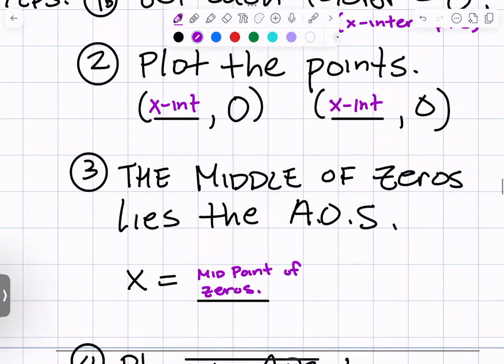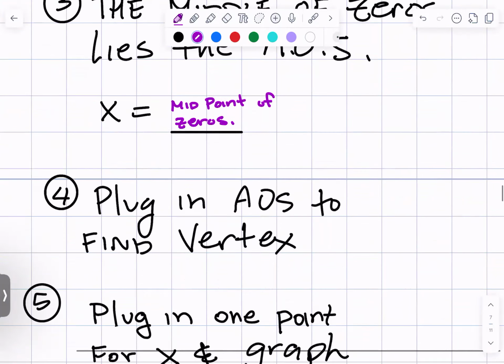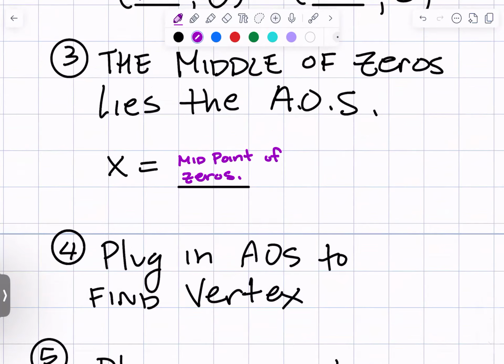And then once we get the middle, once we get our axis of symmetry, the steps are the same. Once we get the axis of symmetry, we try to figure out our vertex by plugging it in, right? And then we found the vertex. So we have 3 points so far, right? After step 4. Yeah, we found our 2 x-intercepts and our vertex, right? We need our 4th and our 5th point.